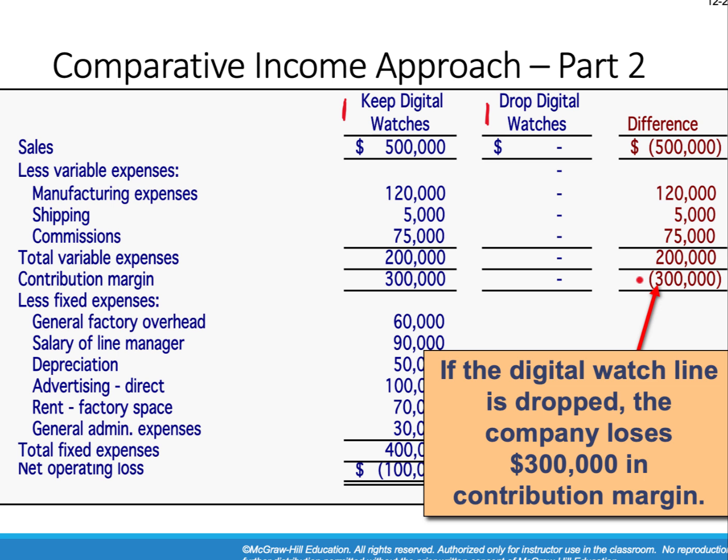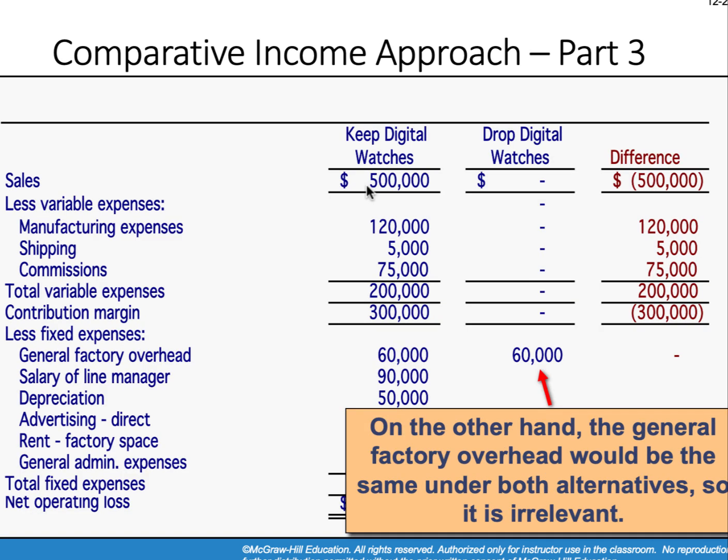we see that, okay, well, we forgo sales of 50,000. All these variable expenses we don't have if we drop the watch line. So we see that our contribution margin here is the 300,000 that we're losing, okay, just like we did with the differential approach.